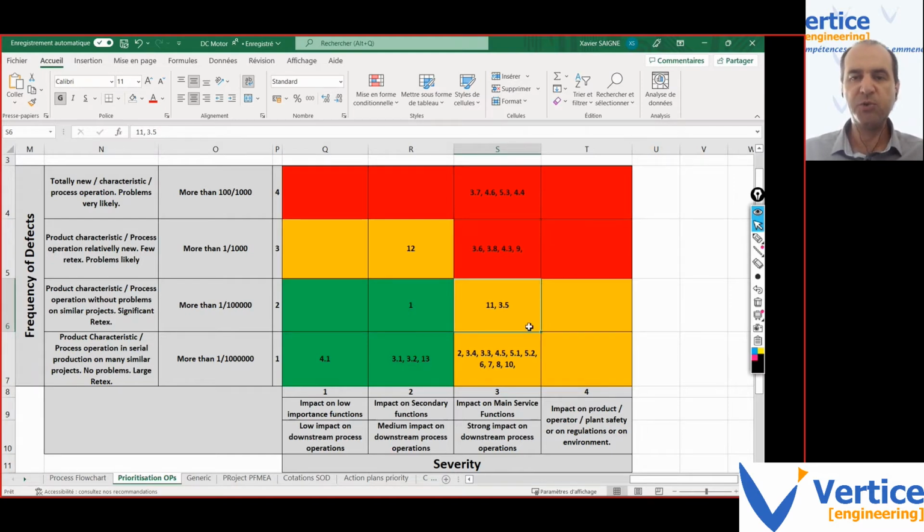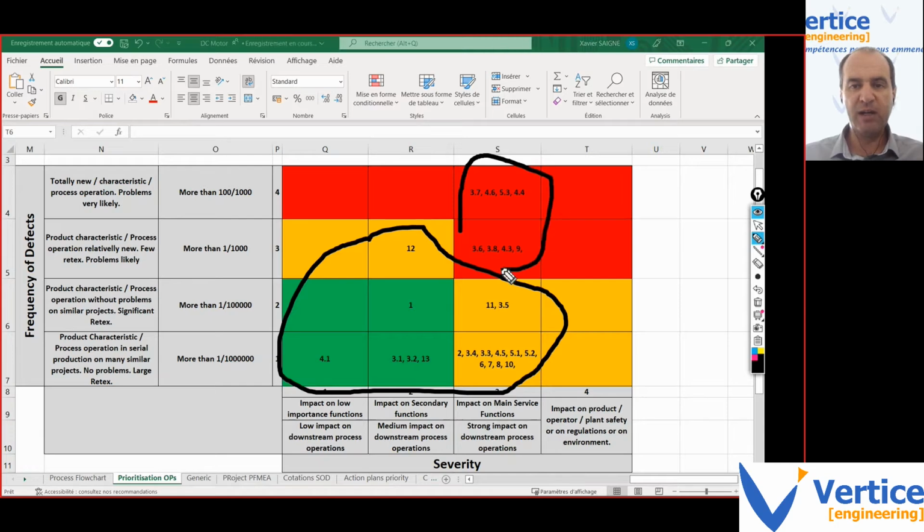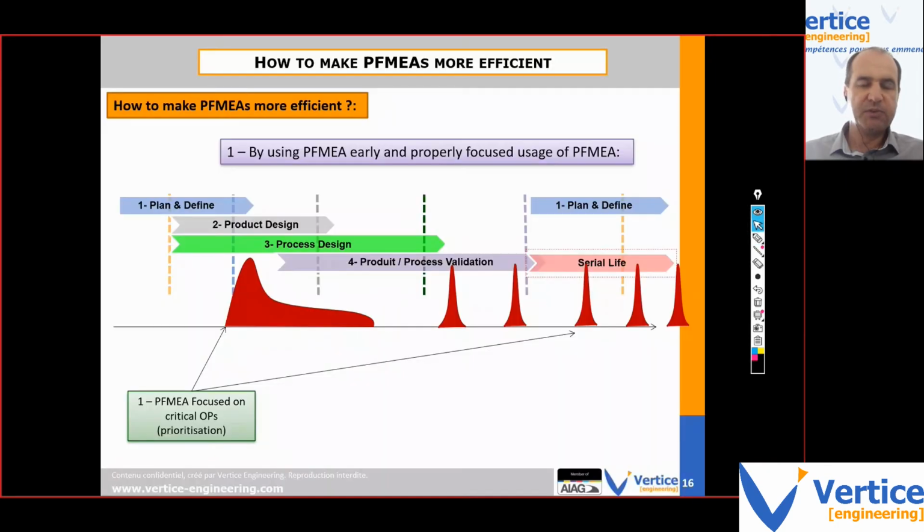I will be able to reuse generic Process FMEA on that step. So this matrix is a good way to gain efficiency because we gain time on 60 to 75% of the steps, and we know really well where we need to work early on the project. On non-critical operations, we reuse generic Process FMEA.